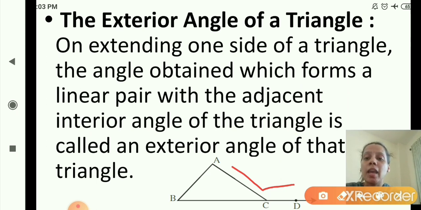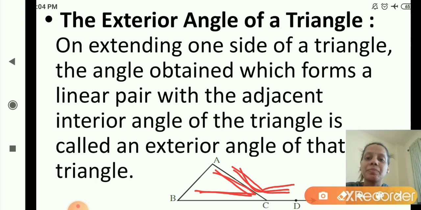Here angle ACD is forming a linear pair with adjacent interior angle. Which is the adjacent interior angle here? That is ACB, correct. As you can see here, angle ACD and angle ACB are linear pair angles.